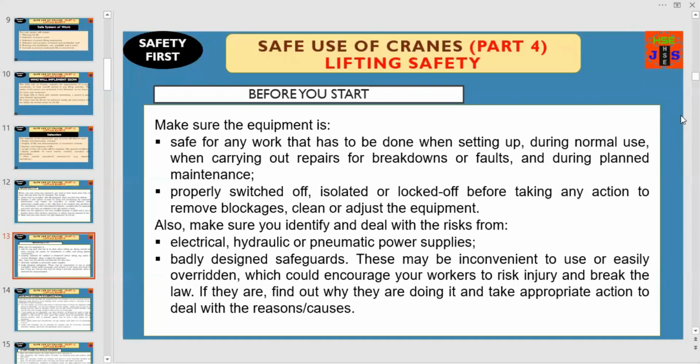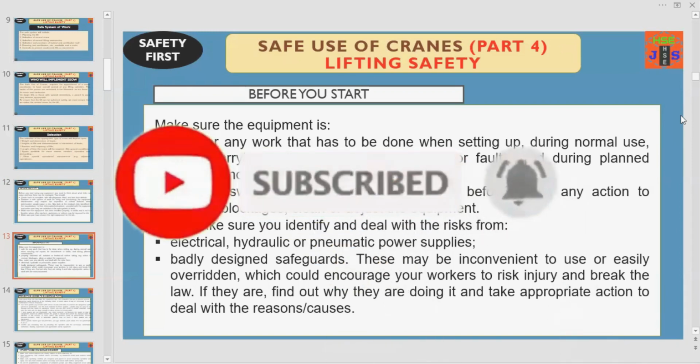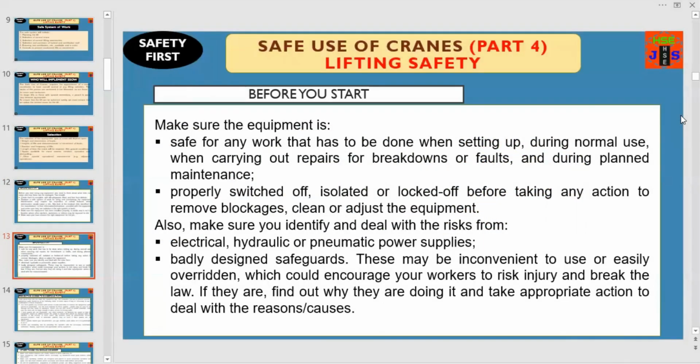Also make sure you identify and deal with the risks from electrical, hydraulic, or pneumatic power supplies. Watch for badly designed safeguards. These may be inconvenient to use or easily overridden, which could encourage your workers to risk injury and break the law. If they are, find out why they are doing it and take appropriate action to deal with the reasons or the causes of deliberate or intentional safety violations.